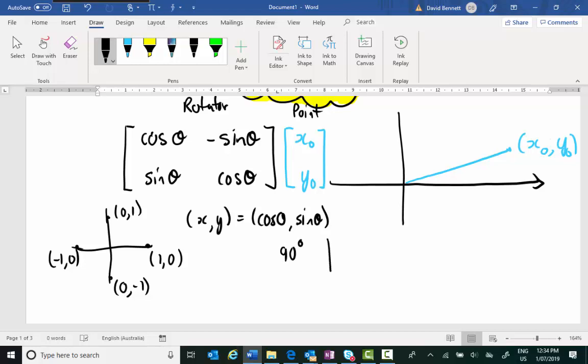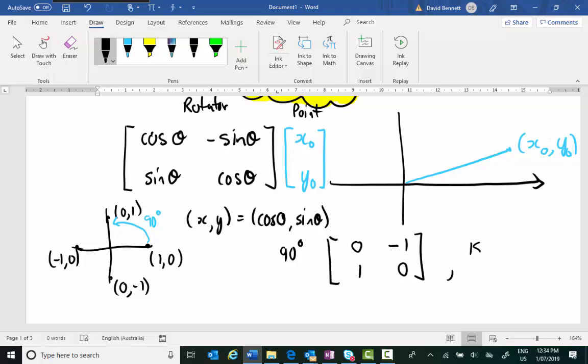At 90 degrees rotation, we're rotating this point 90 degrees in that direction, and we know that we're going to get to the point 0, 1. So that means that cosine of 90 is equal to 0 and sine of 90 is equal to 1. So the matrix would be 0, -1, 1, 0, and that would be the matrix I'd be multiplying the other things by.